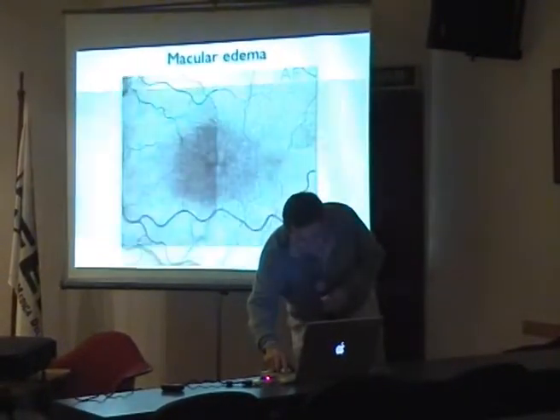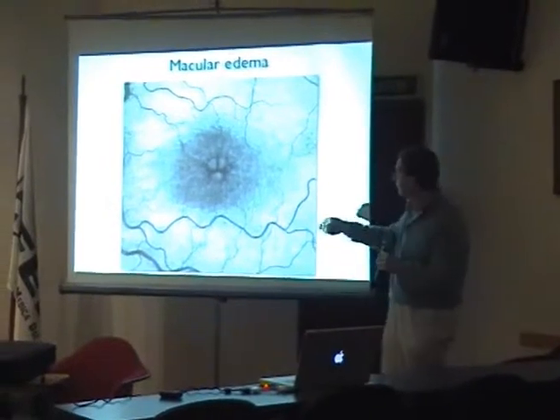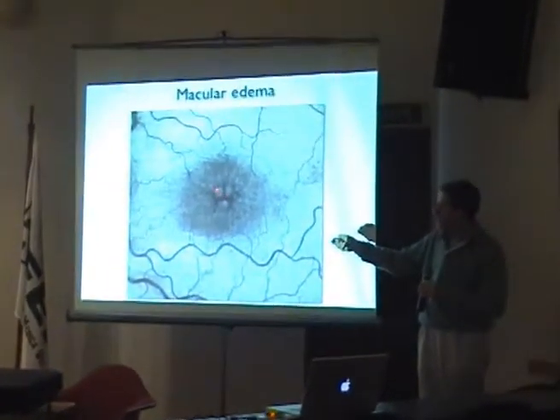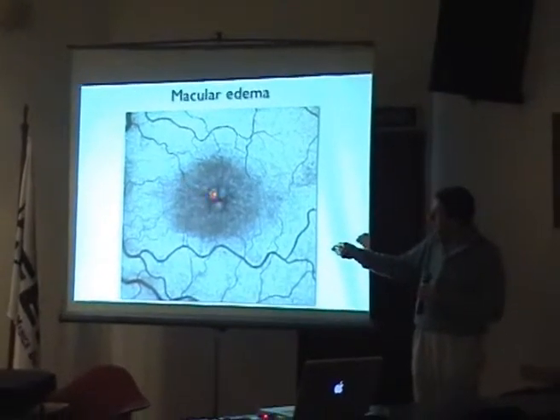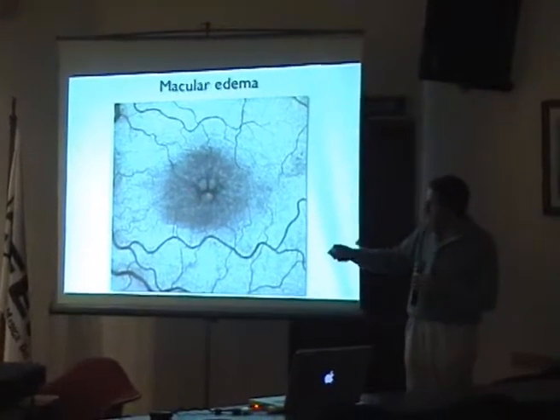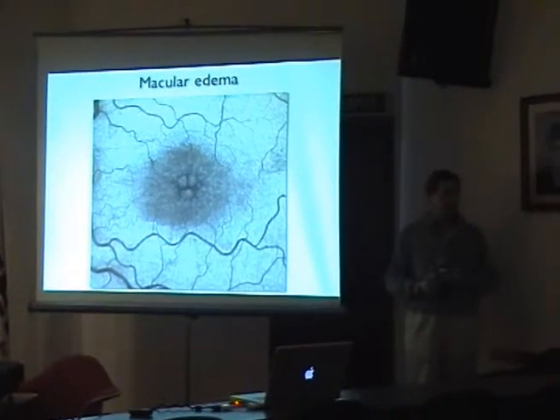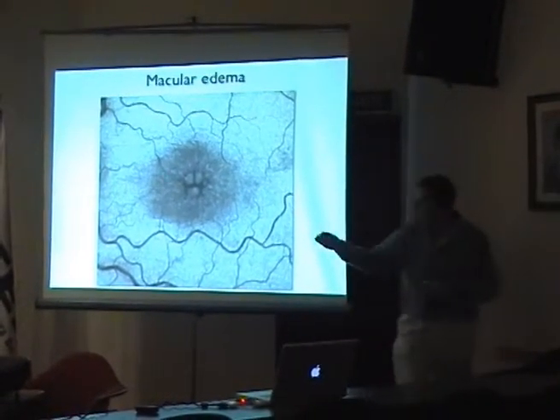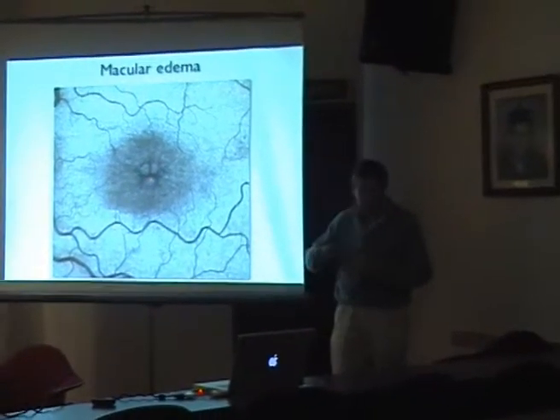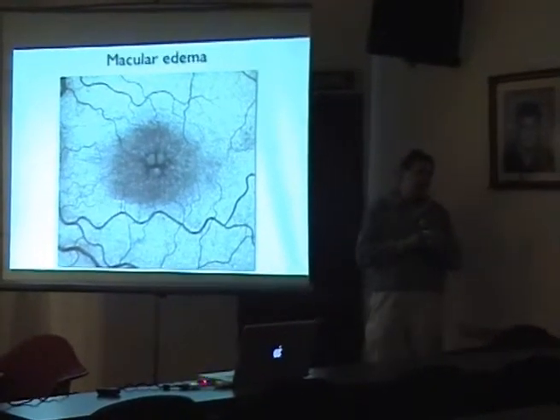But I show you another case, like here, you see in central vein occlusion, there is a cyst here that is quite clear. And why is it visible? What increased the fluorescence here? And you can see the cyst.